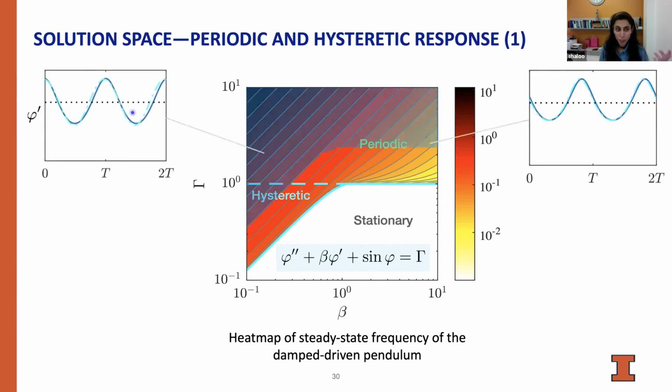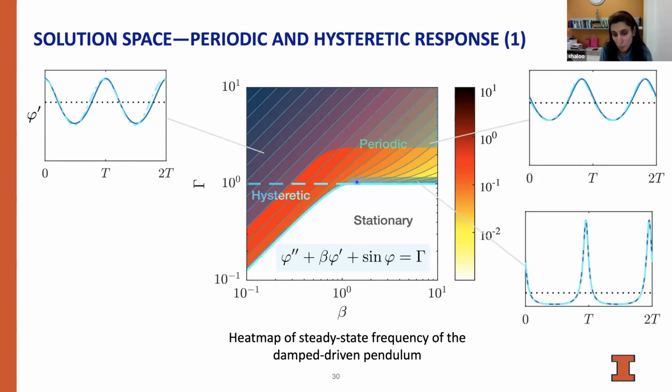And in the periodic case, you're getting nice periodic phi prime. If your spin current drive is large, you have to remember this drive is large, I'm getting nice coherent oscillations. And if my damping is large and I'm close to this dashed blue line, I get this spiky behavior.